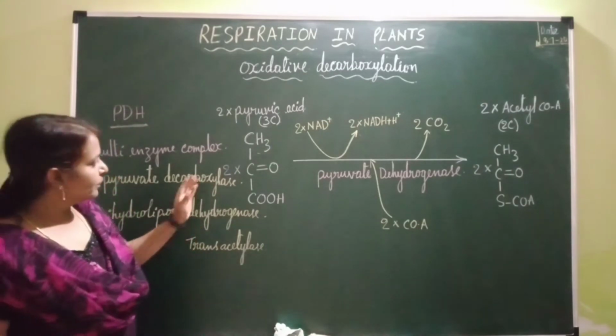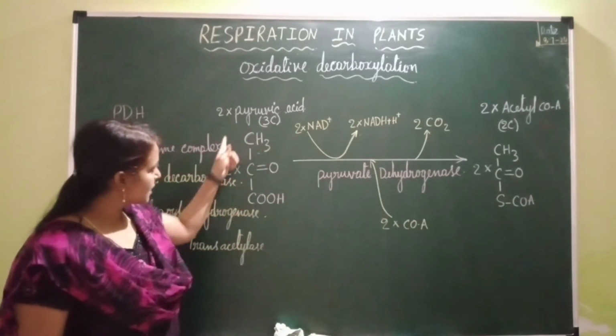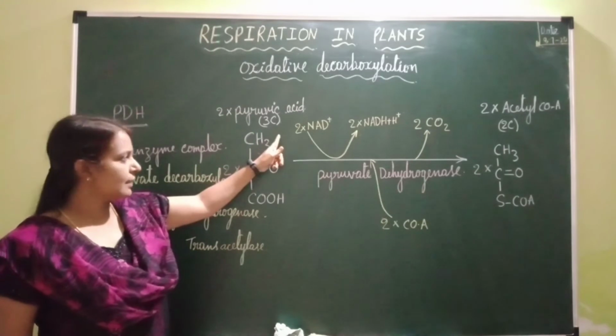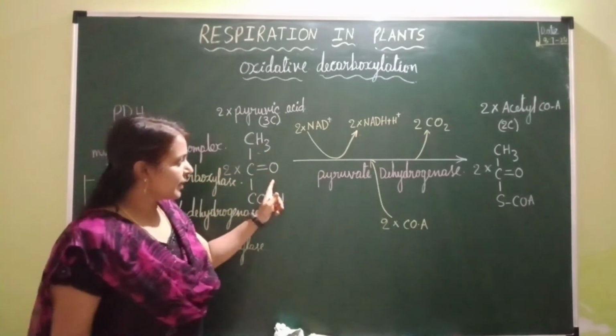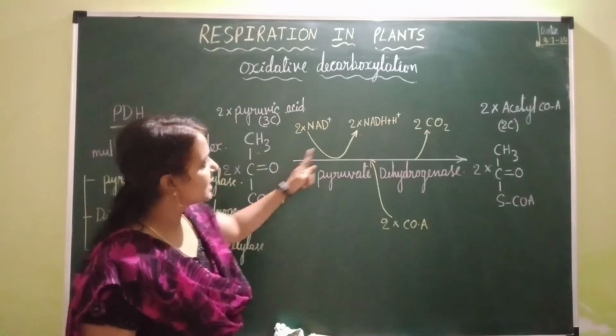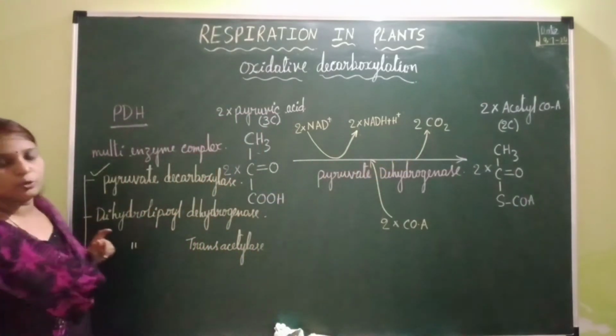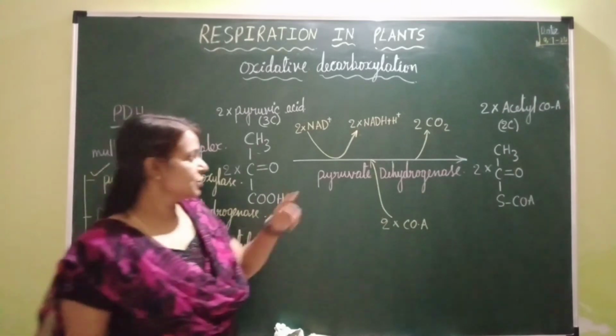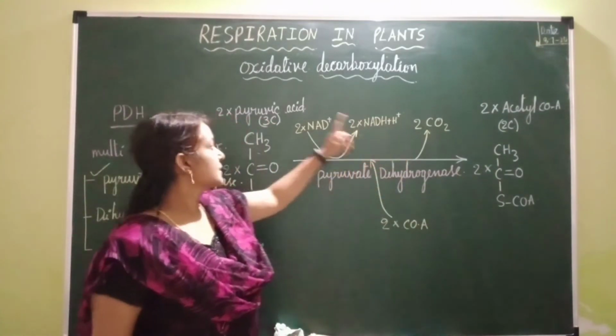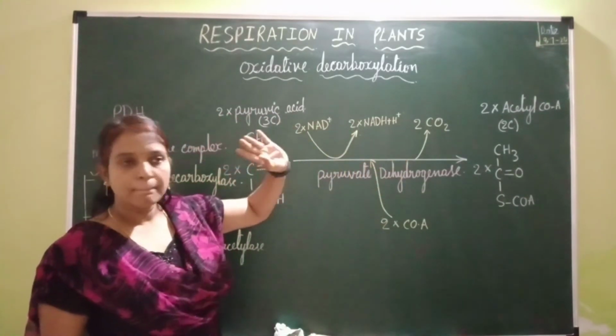This is the structure of pyruvic acid, which is a 3-carbon compound. Now this pyruvic acid undergoes decarboxylation by the activity of pyruvate dehydrogenase. Due to decarboxylation, two molecules of carbon dioxide are released from two molecules of pyruvic acid.